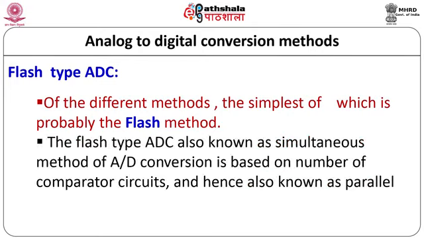This flash type of ADC is also known as the simultaneous method of AD conversion. It is based on a number of comparator circuits, and hence the method is also known as parallel comparator type ADC.